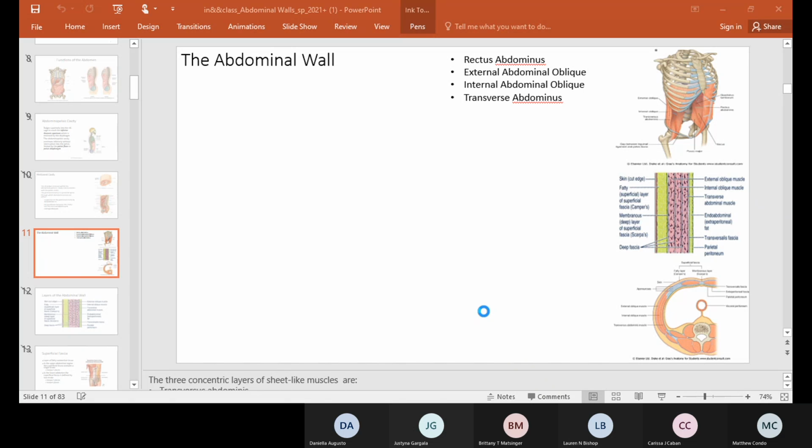So when I innervate EAO bilaterally, I get trunk flexion. When I innervate IAO bilaterally, I get trunk flexion. When I innervate IAO unilaterally, same side rotation, same side lateral flexion. When I innervate EAO unilaterally, same side lateral flexion, opposite side trunk rotation.